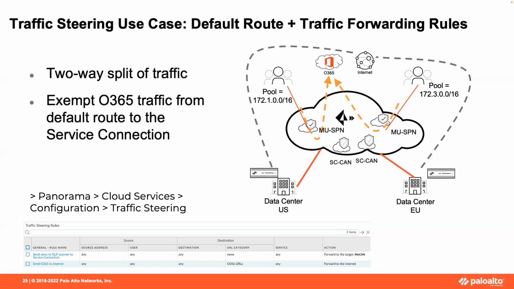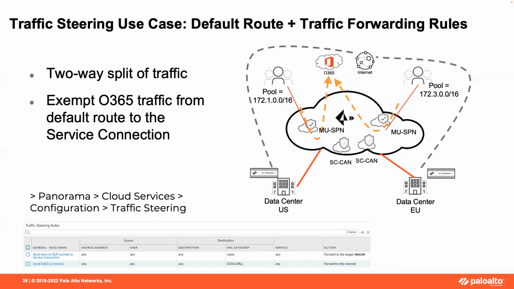So in other words, maybe Office 365 traffic, I want to make sure goes straight out to the internet, and random internet traffic going to check my sports scores needs to go through a remote processing node.